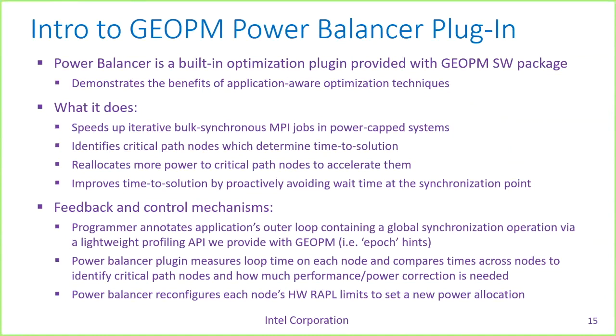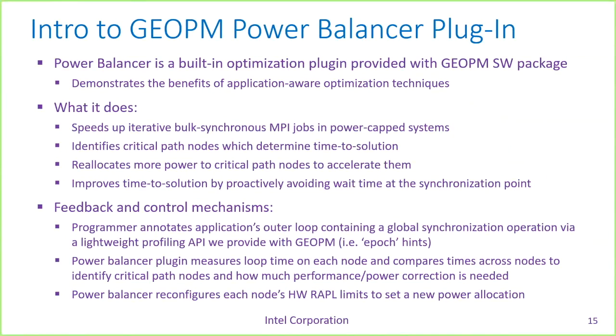So let me get back to this power balancer plugin. Tell you a little bit about how it speeds up iterative bulk synchronous MPI jobs. Where do we get our feedback? Again, this is feedback guided optimization. We get that feedback from programmer provided annotation of the application's outer loop. We provide an API with GEOPM that allows the programmer to tell us where one of these global synchronization operations is going to occur.